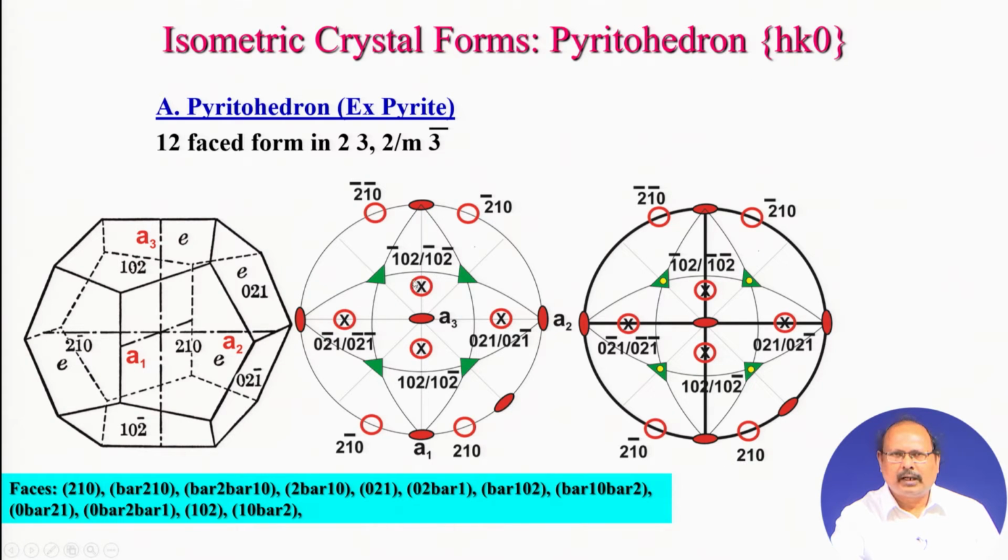So, it lies between bar 1 0 1 and 0 0 1, and this will be bar 1 0 2 here. Now, this will again be acted upon by this triad, and after a 120 degree rotation, this open symbol will be rotated to this position here. So, what will be this position here?